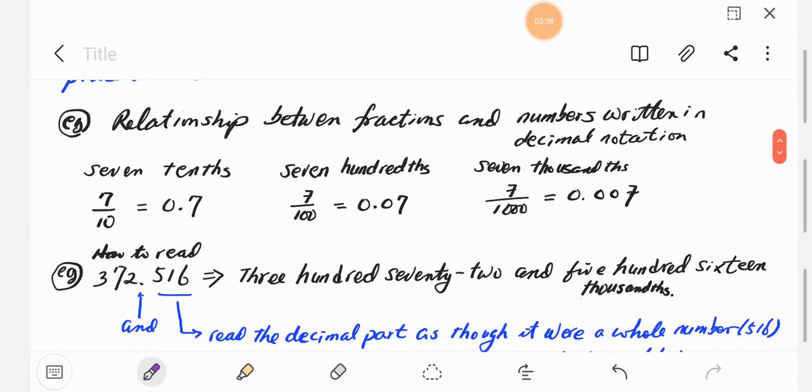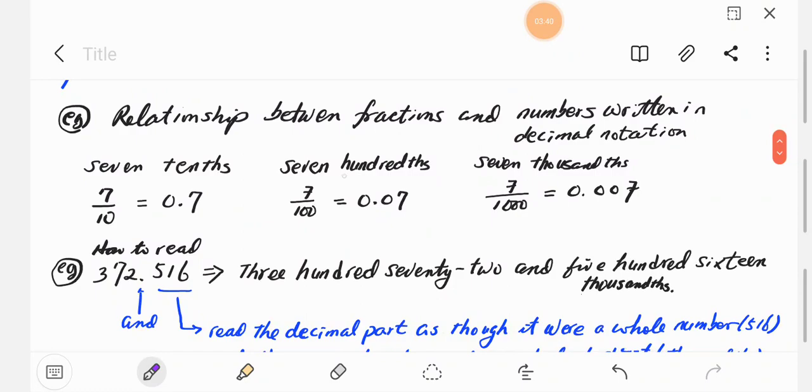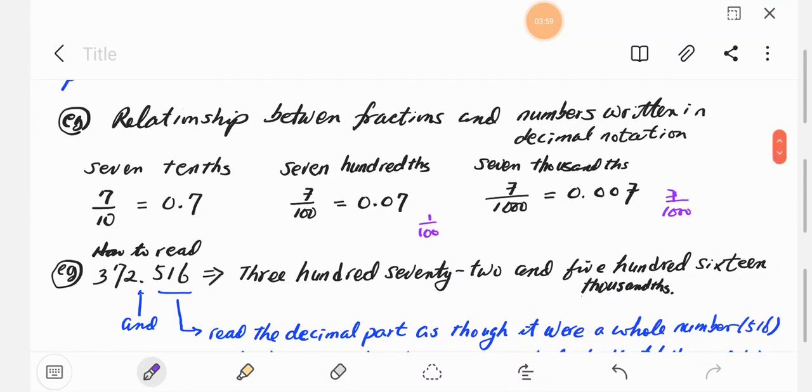And 7 hundredths means a hundredth is this one, and there are 7 of them, so 7 over 100. And 7 thousandths: 1 over 1,000 is a thousandth, and there are 7 of them. What if you have 12 thousandths?